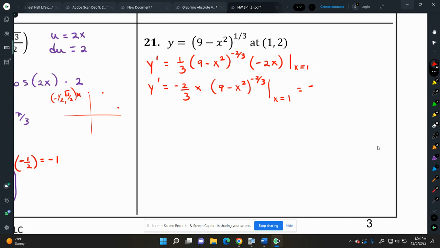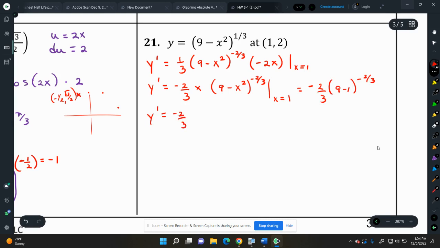Okay. So we get negative 2/3 times 9 minus 1 to the negative 2/3. Now you can use your calculator. Negative 2/3 times 8 to the negative 2/3, which should be 2 to the negative second or 1/4.